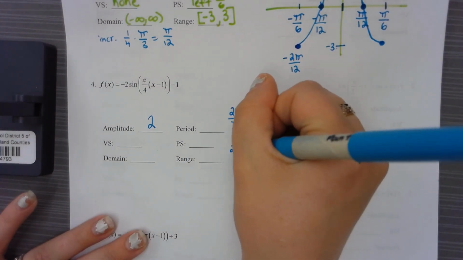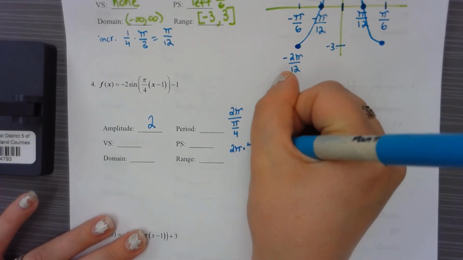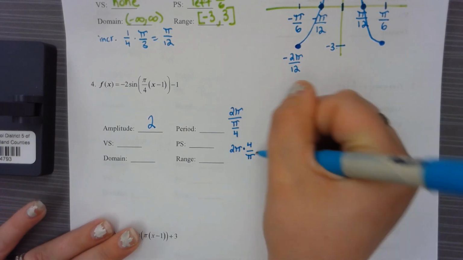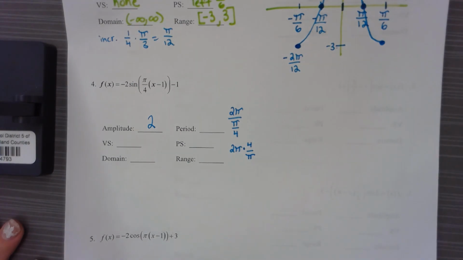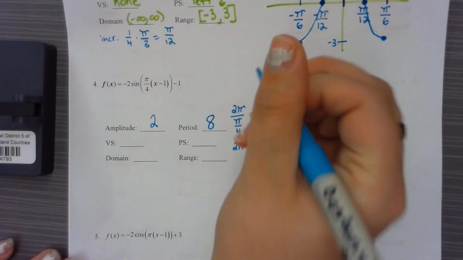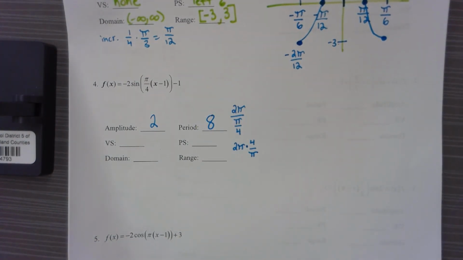So I need to do 2 pi times 4 over pi. So the pi's are going to cancel, right? So what am I going to get there? 8. Do we see that? Yeah, when you're dividing by a fraction, you can flip the fraction and change it to multiplication.